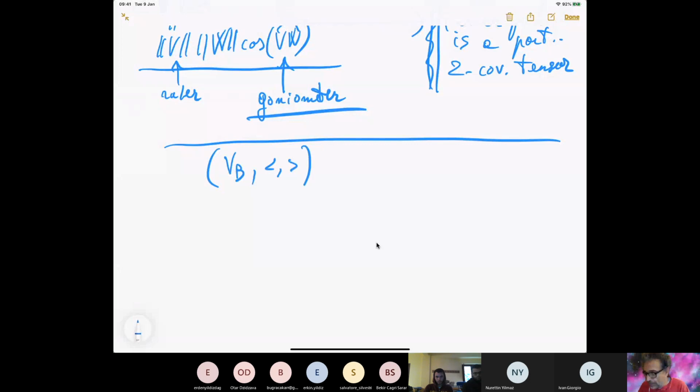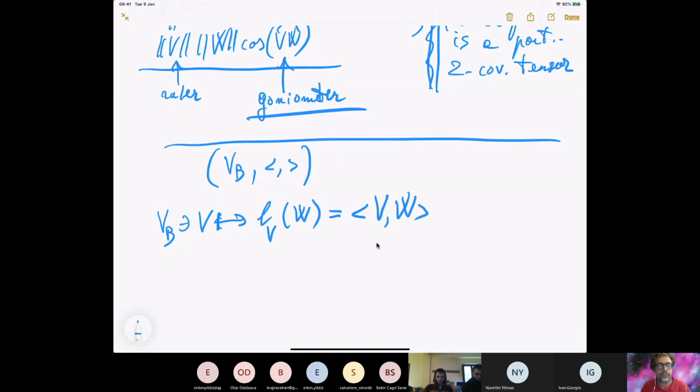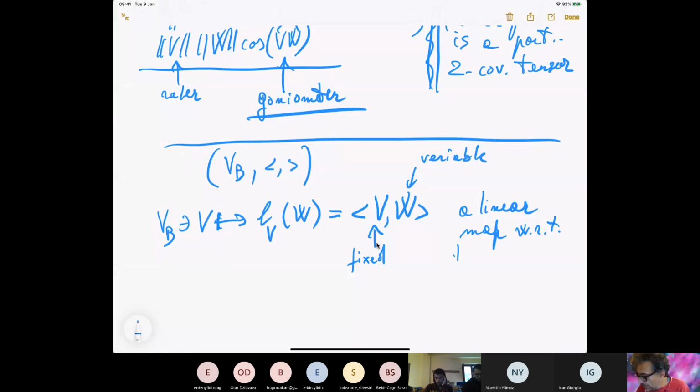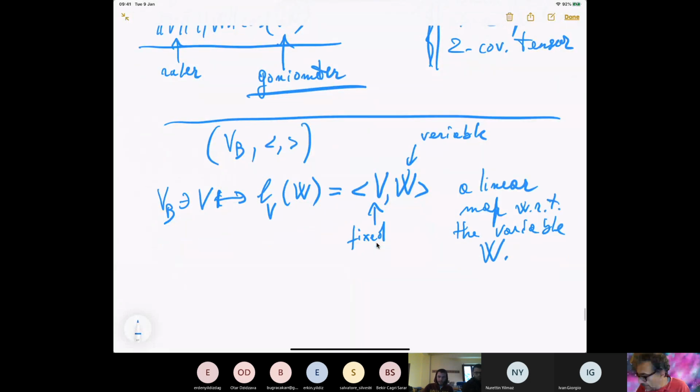Okay? And now you have VB and your inner product. And what you do? You associate to every V in VB, you associate LV, which applied W is equal to V inner product W. So when this is fixed and this is variable, this gives you a linear map with respect to the variable W. Okay, now we are late.